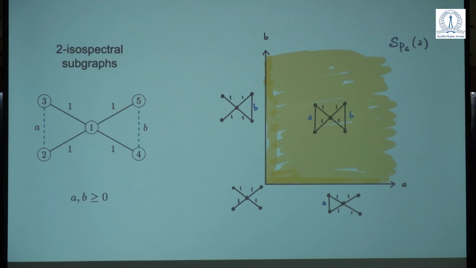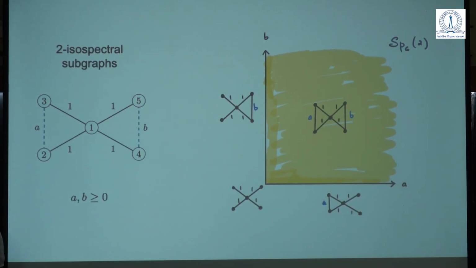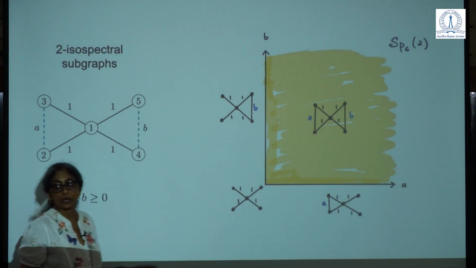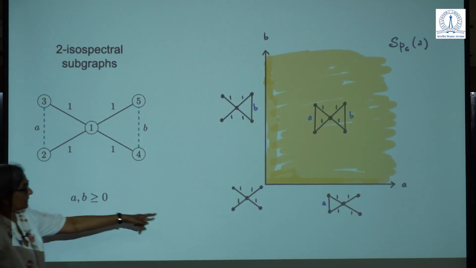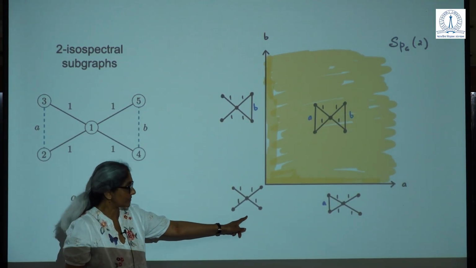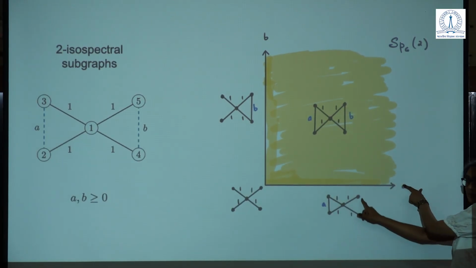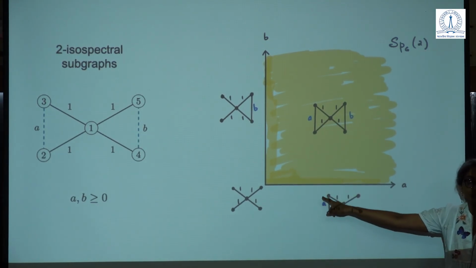Anything like this will be 2 isospectral. So the space of 2 isospectral subgraphs is basically controlled by A and B. It looks like the positive orthant in R2. When A and B are both 0, you get this graph where you dropped both blue edges, so the origin corresponds to this graph. This whole axis here means that B is 0. They're all graphs that look like this, but you're allowed to change the weight of A all the way.